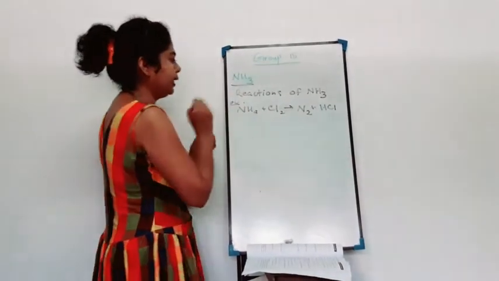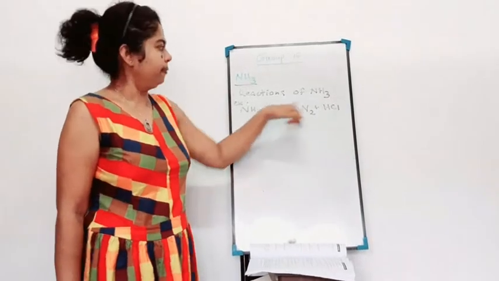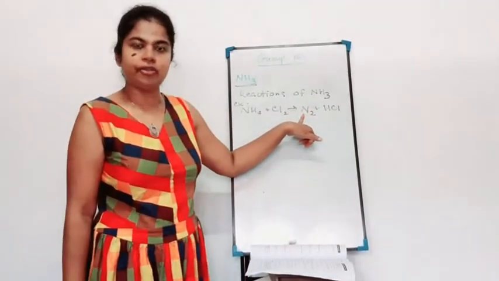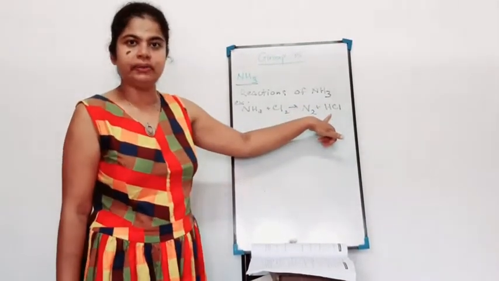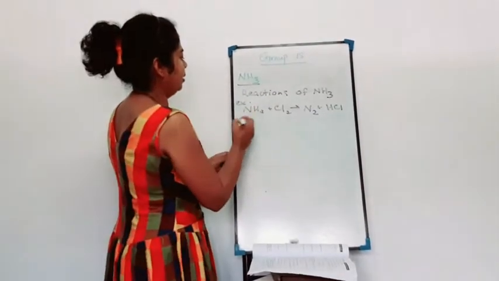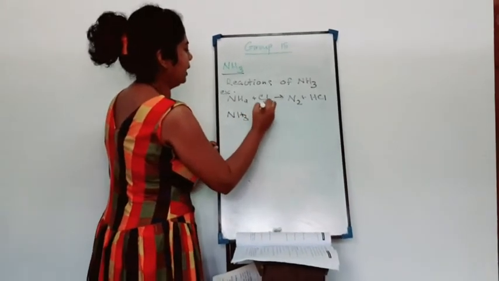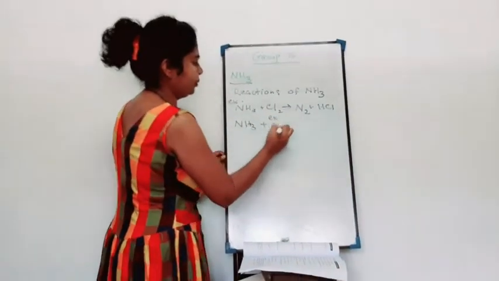Excess of ammonia plus chlorine, the products are nitrogen gas and hydrochloric acid, right? Hydrochloric acid.